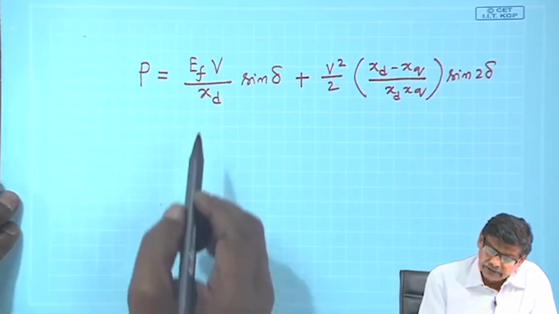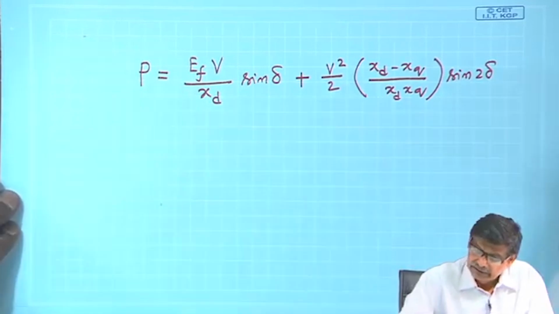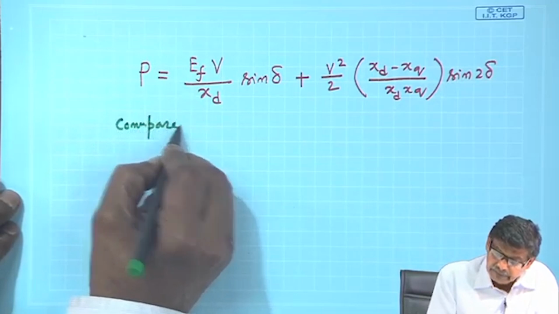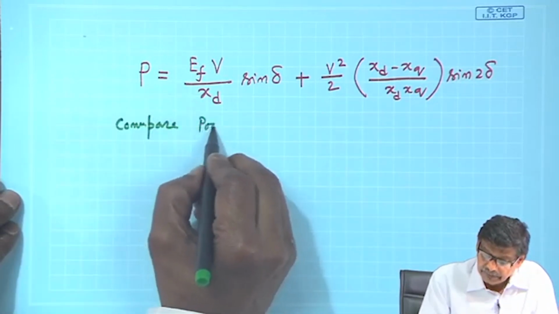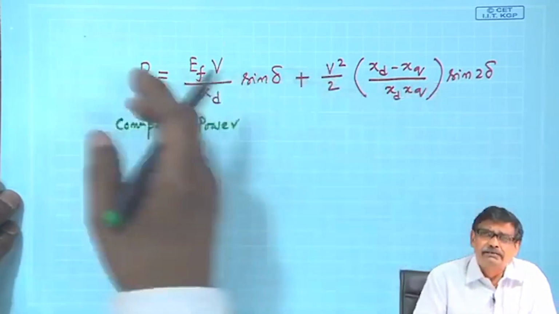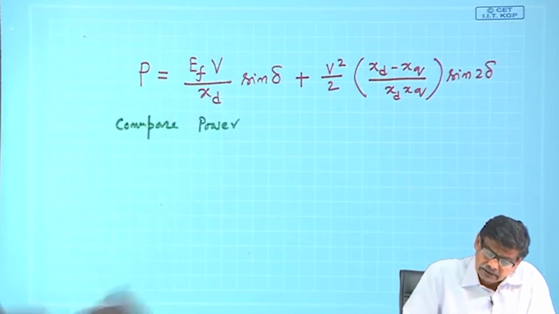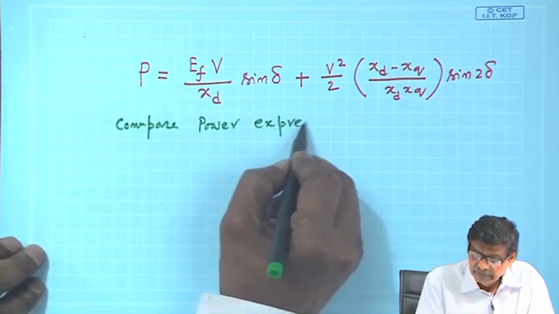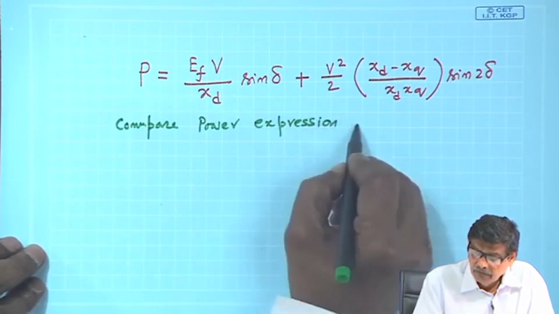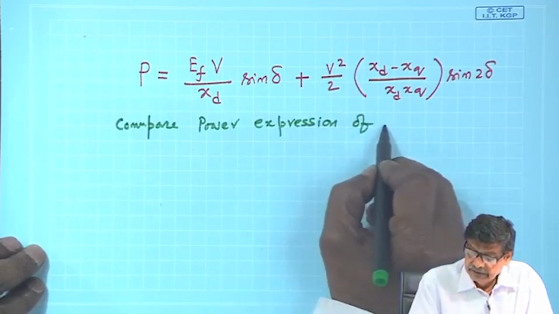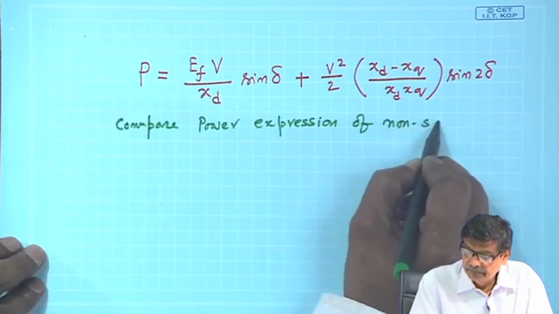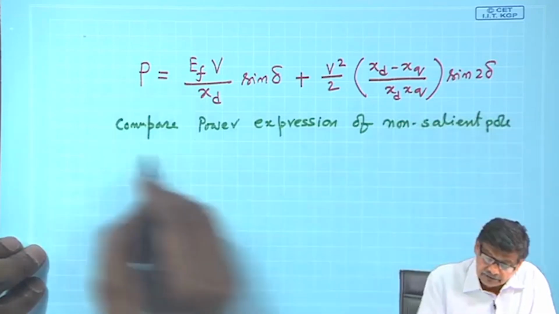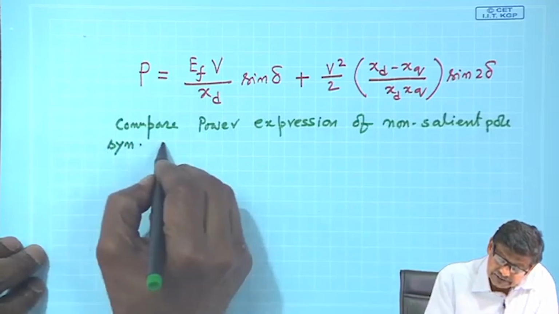Compare this power expression, power or torque, this is synonymous with torque, with the power expression of a non-salient pole synchronous generator.